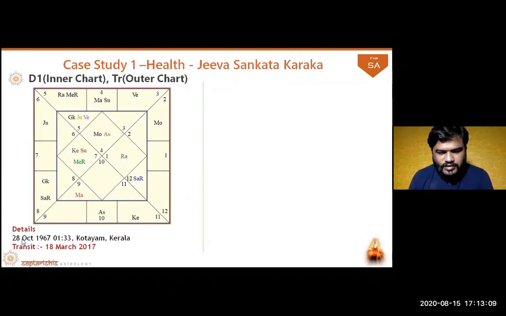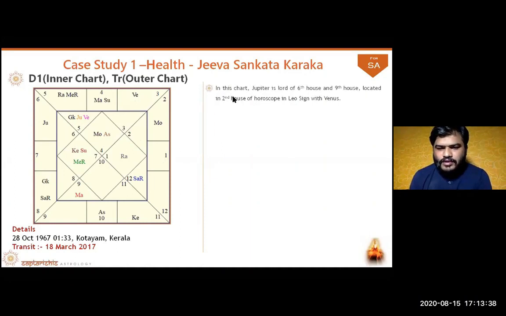Date of birth I have shared here: 28th of October 1967, 1:33 morning time, Kottayam, Kerala. And transit is 18th of March 2017. Again, I am repeating, the inner one is the D1 chart, Lagna Kundli, and the outer one is the transit chart, the Gochar Kundli.